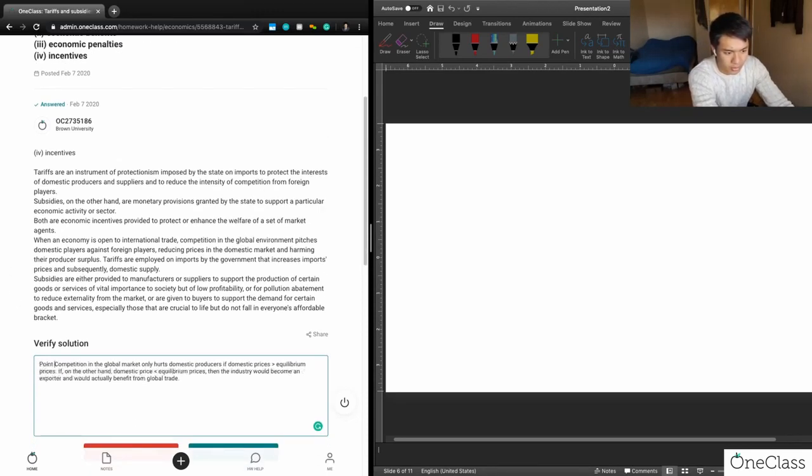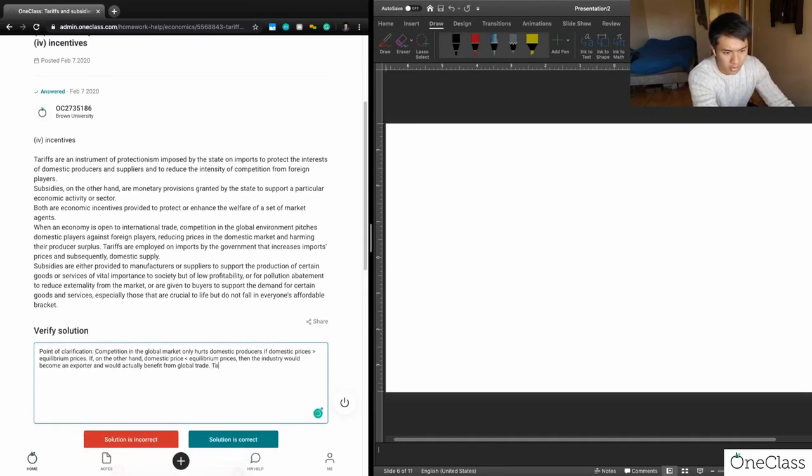Let's say a point of clarification. Tariffs would thus only be used in scenarios where domestic prices are greater than equilibrium prices.